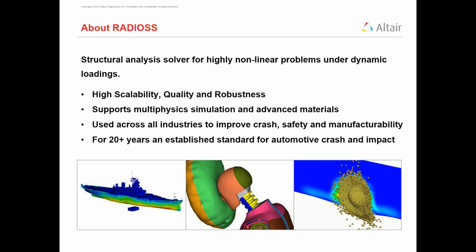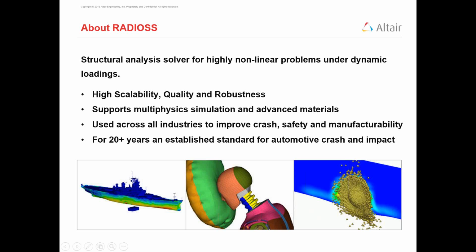What is RADIOSS? RADIOSS is an Altair software. It's a solver for highly nonlinear problems under dynamic loading. It's highly scalable. With any number of cores you run, RADIOSS can give you great performance. It also has very high quality and is very robust. It also supports multi-physics simulation.